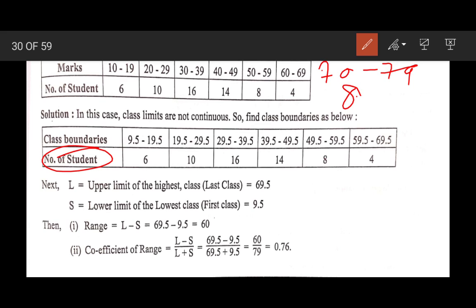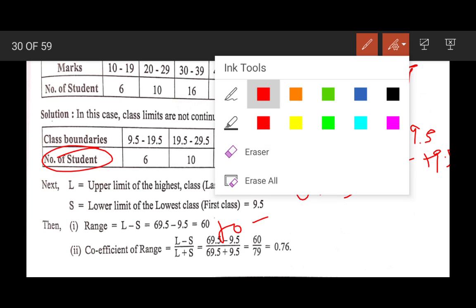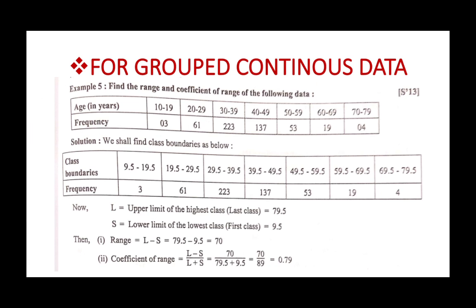Then we would have 69.5 to 79.5, and our largest value will be 79.5, smallest value will be the same. Range will be 70.